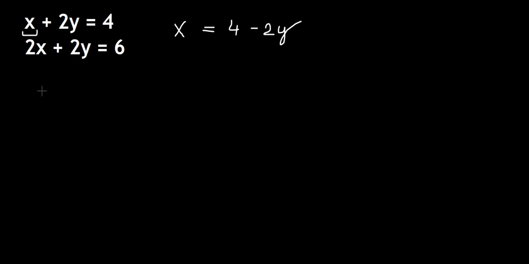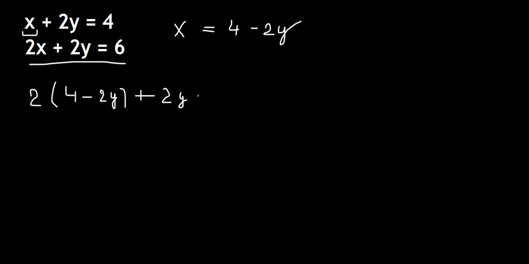So we have this equation: 2 into (4 minus 2y), then plus 2y, and then is equal to 6. 2 times 4 is equal to 8.